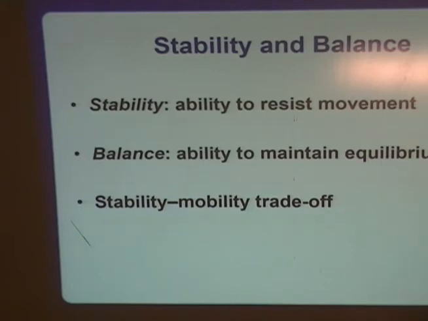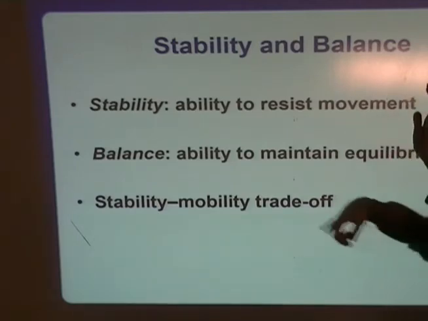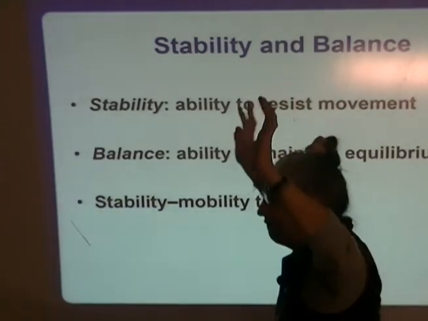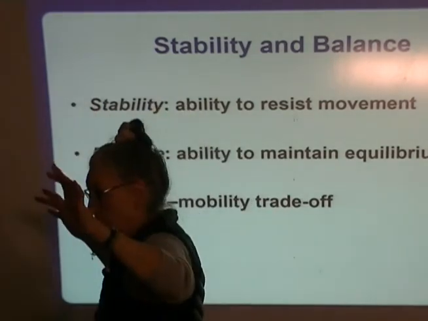Remember that in our first stage, our feet are out wide, legs are bent, arms are up high, right? So this is very stable, but it's going to take me forever to get to the other side of the room.